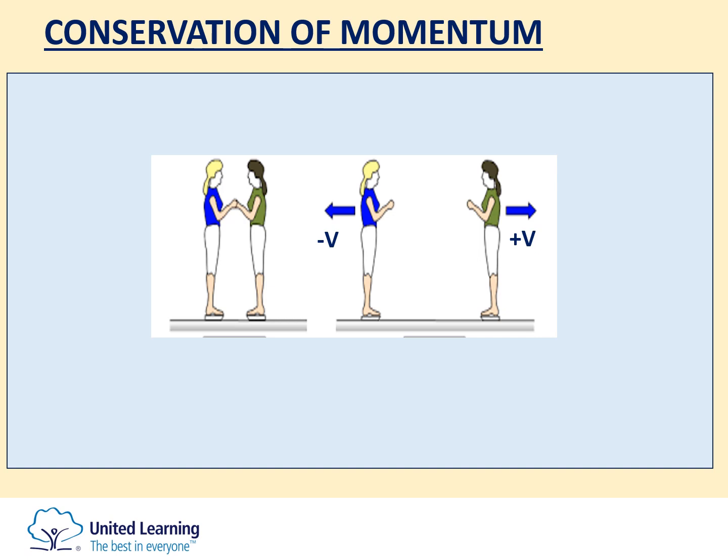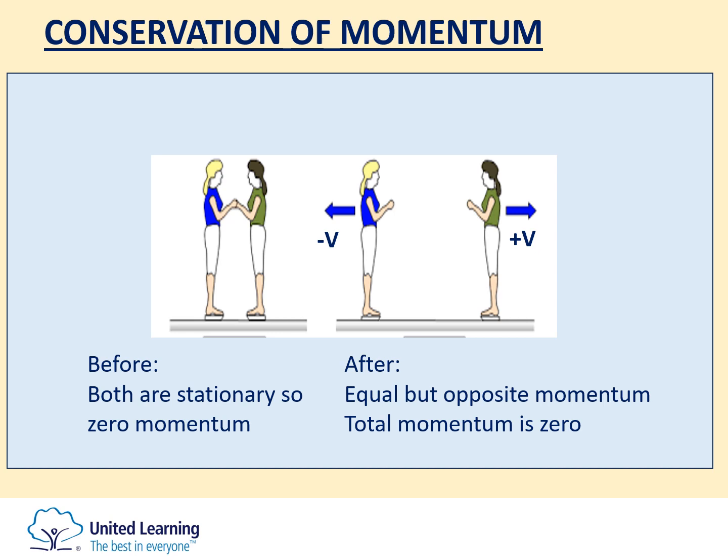So a gun being fired, so the bullet comes out of the gun and the gun recoils, or in the case we've got on the screen here at the moment, we have two people standing still on the ice on ice skates. So at the moment they have zero momentum because they're not moving. However, if they push away from each other, they will then have momentum going in the opposite directions.